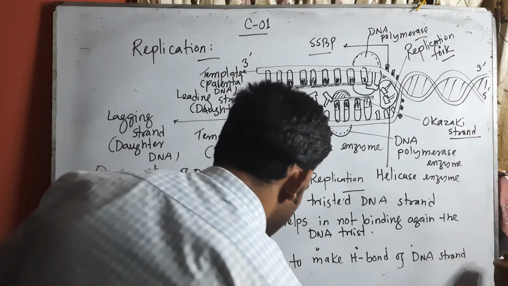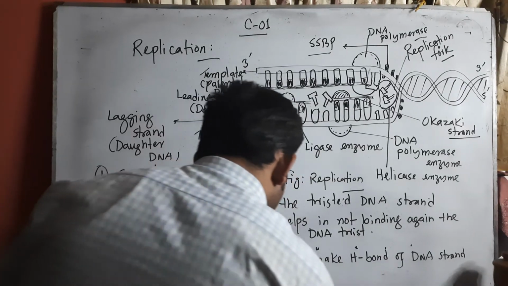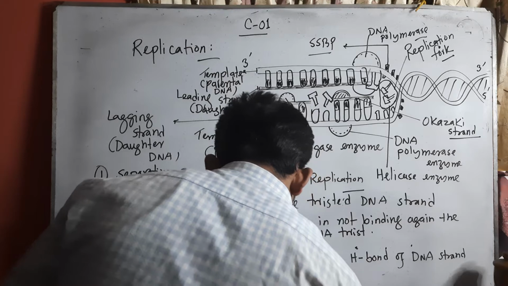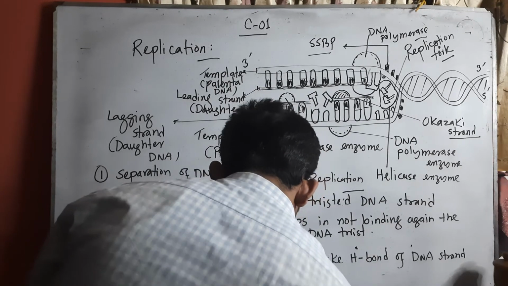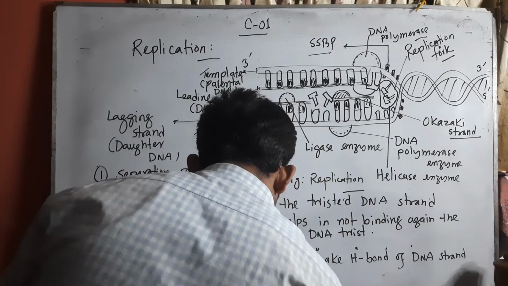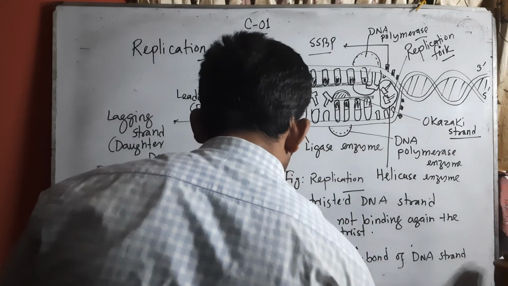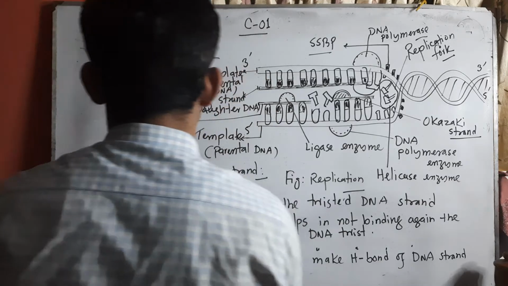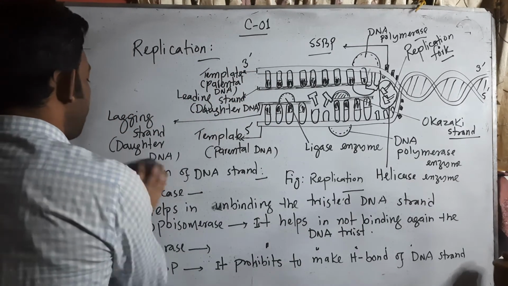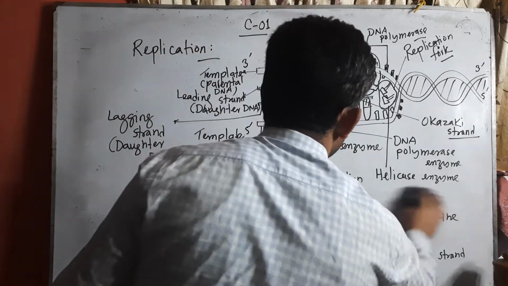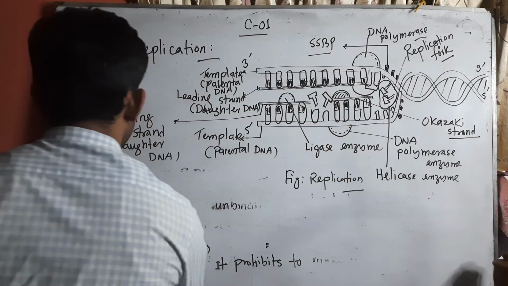And the next point we try to understand. The second one is going on to complementary strand making, or making of the complementary strand. There are also some enzymes working there. Also try to understand about that.